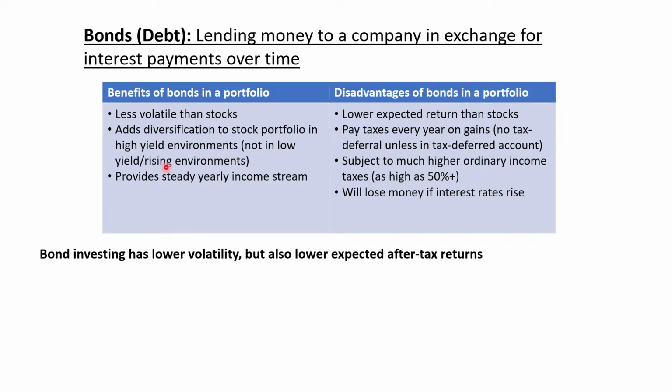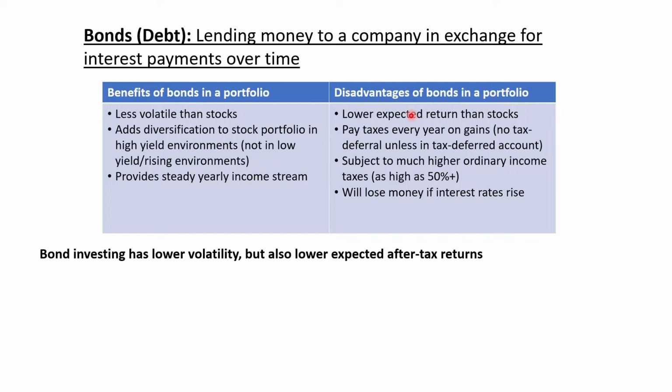Not in low yield rising environments, which we're in now, where you're seeing losses in both bonds and stocks. The other advantage of bonds in a portfolio is that it provides a steady yearly income stream. So you're getting a steady coupon payment and cash coming in. You're not investing purely for the long term. You're getting yield essentially.